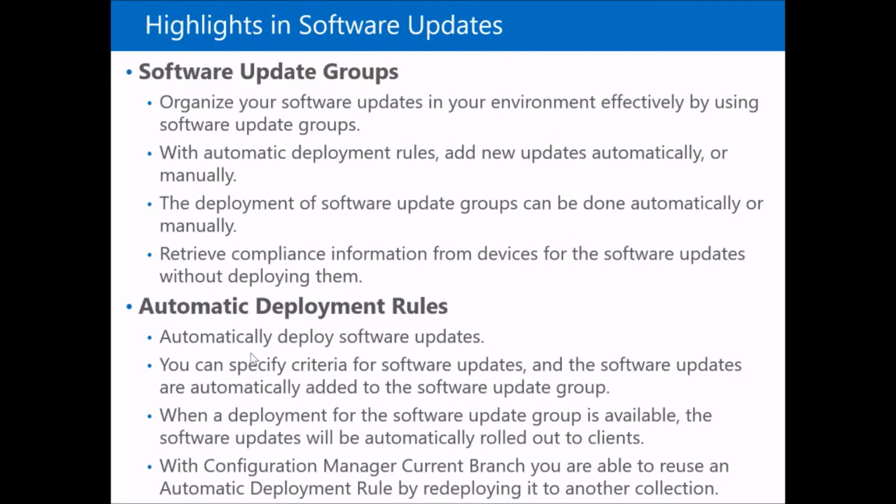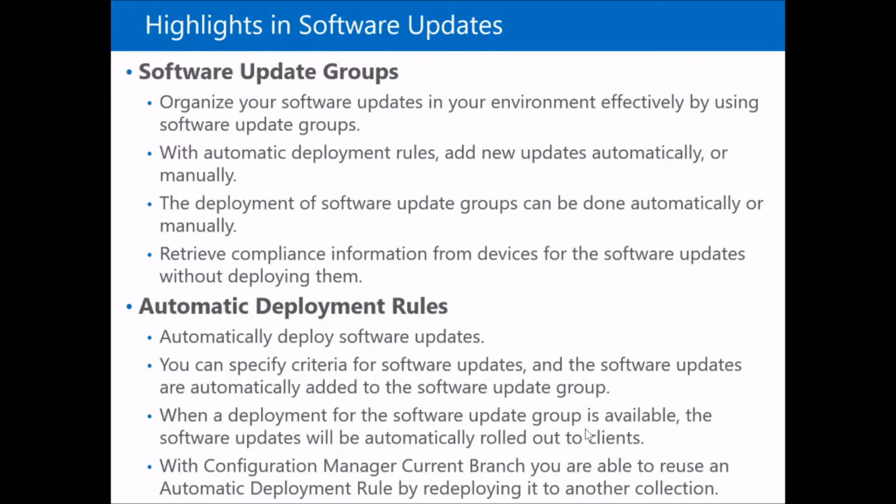You can imagine how you wouldn't want to apply an Intel driver update to a computer that doesn't have Intel hardware. So when a deployment of a software update group is available, the software update will be automatically rolled out to clients. Once it's thoroughly tested and you apply it to a group, those groups will automatically get it.